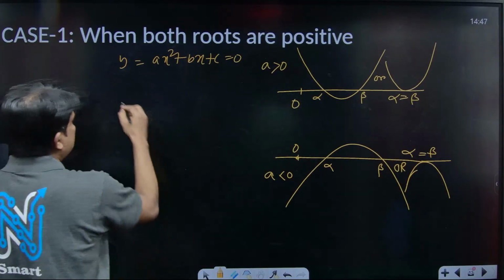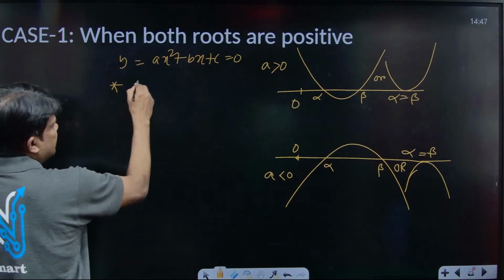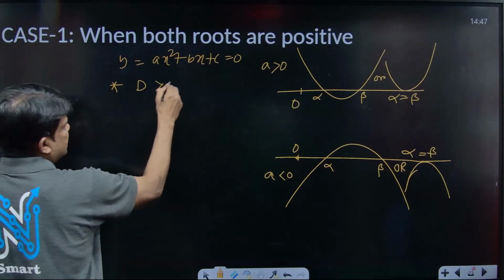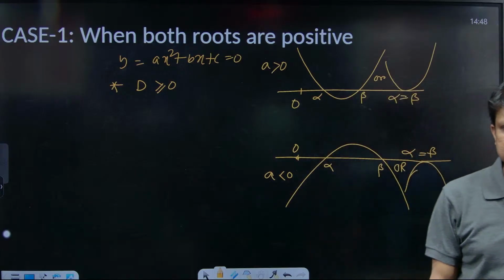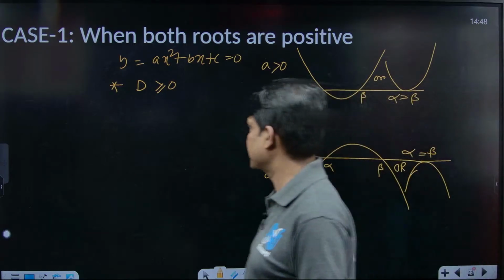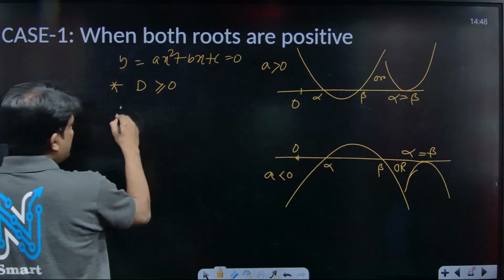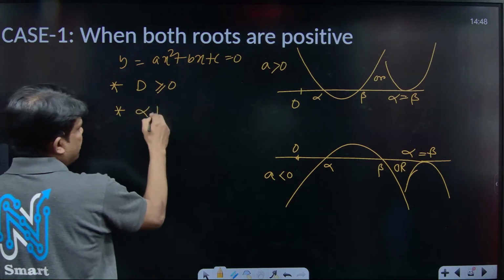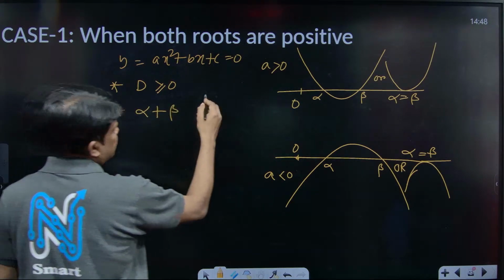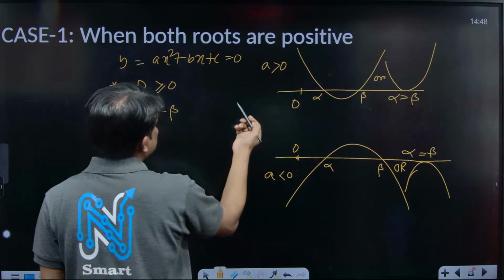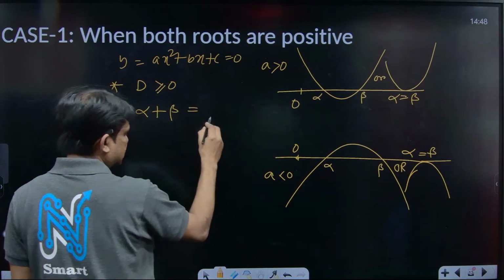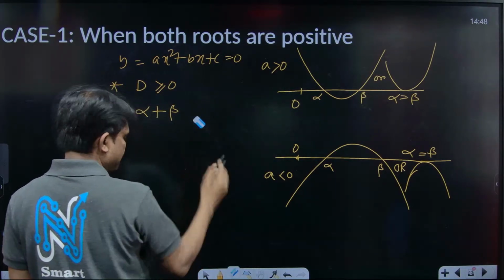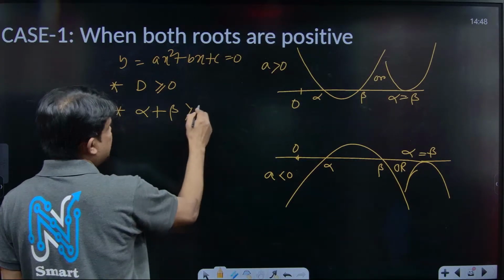That means both roots are real, so the discriminant must be greater than or equal to 0. We have to analyze the first condition, roots are real, so D must be greater than or equal to 0. That means both roots are positive, so the sum of roots alpha plus beta is also a positive quantity, strictly positive, because both roots are strictly positive.